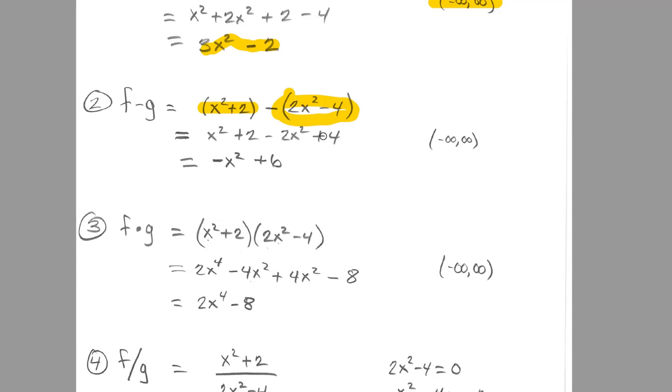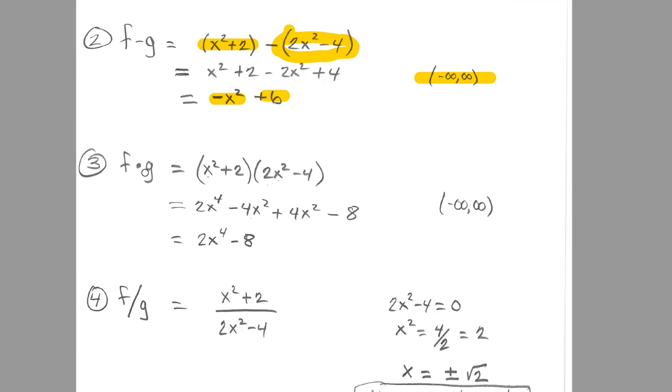Minus times minus is positive 4. And then I simplify. X squared minus 2x squared is minus x squared. 2 plus 4 makes 6. So f minus g is minus x squared plus 6. The domain of this function is minus infinity to positive infinity.